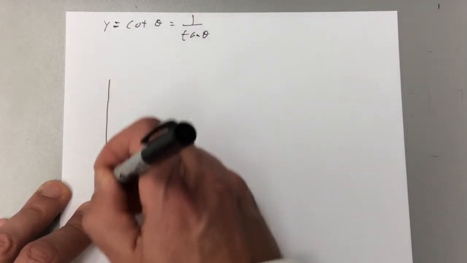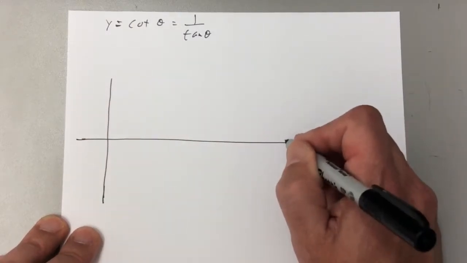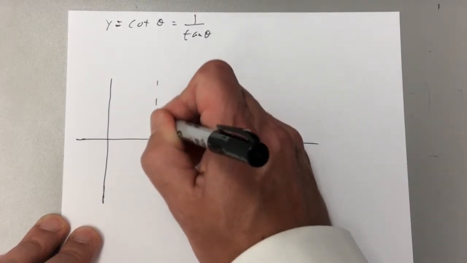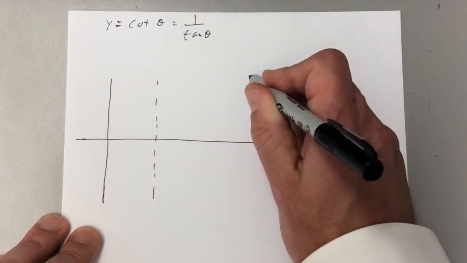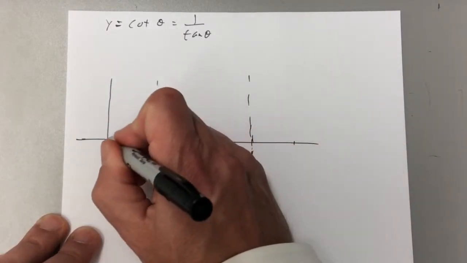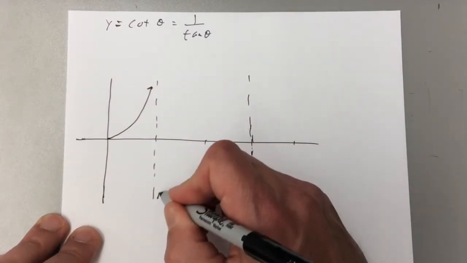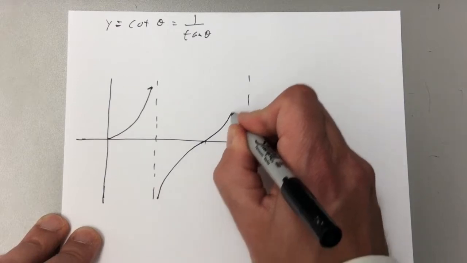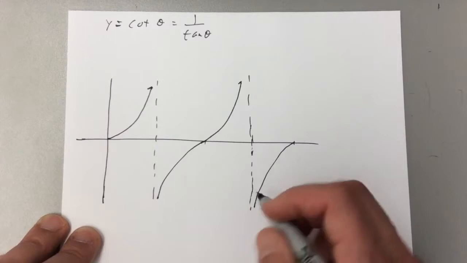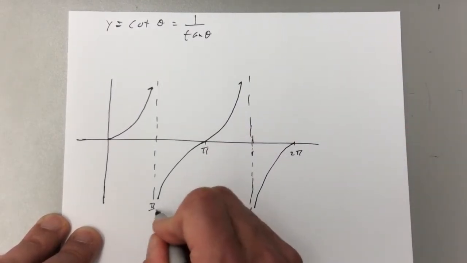So again, draw tan theta, and okay, so there's pi, 2 pi, pi over 2.